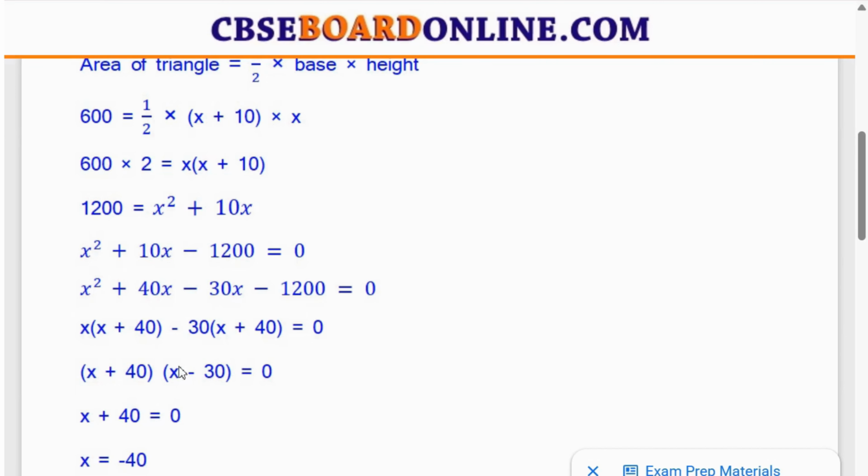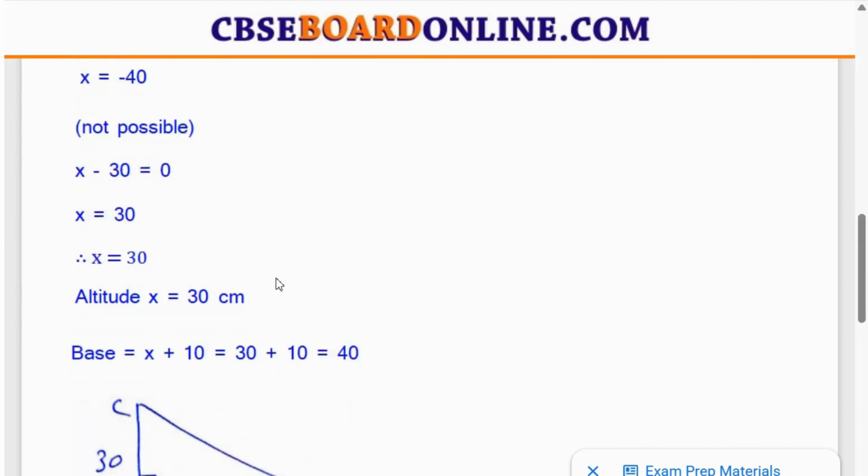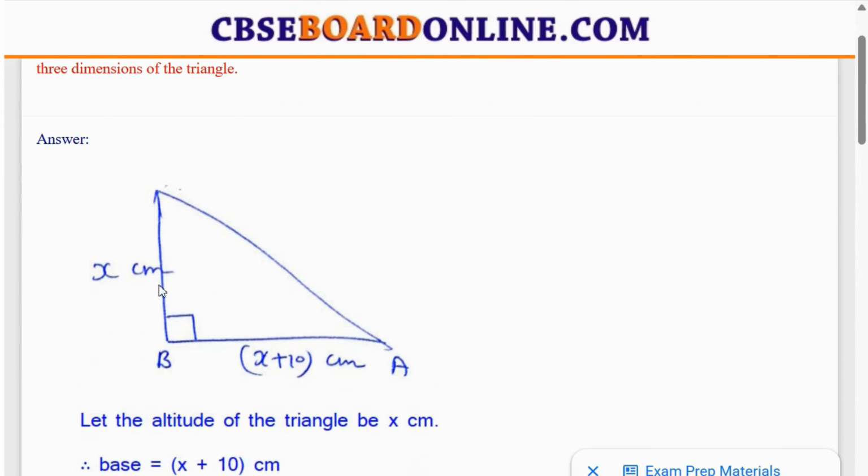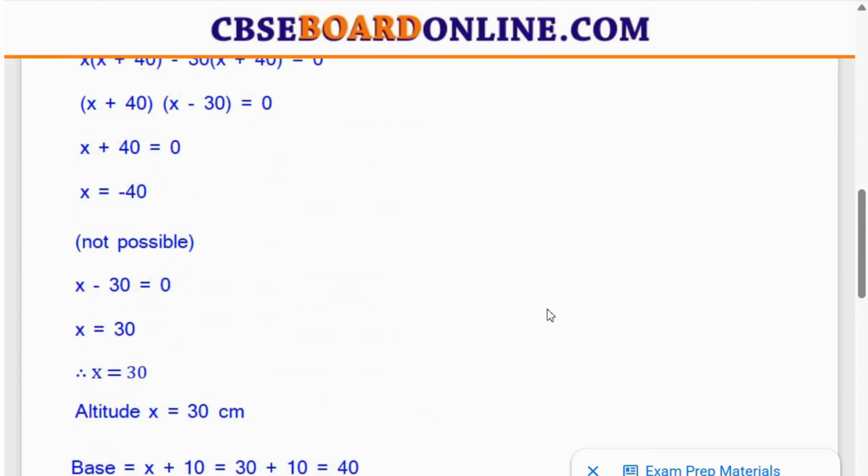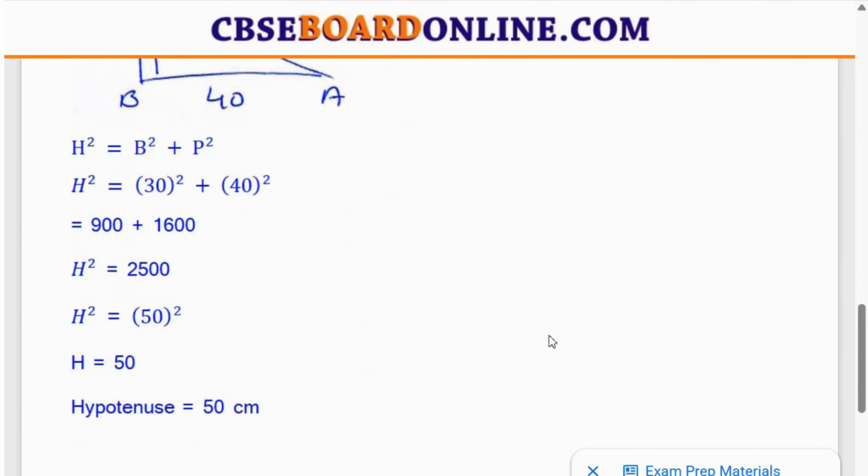So therefore moving forward to the other bracket, x minus 30 is equal to 0. Again, if you solve this, it would be x equal to 30, which is possible. This means our x is 30, so our altitude is 30, and our base is what? It is 30 plus 10, which is 40 centimeters. Now using the Pythagoras theorem, you can find the value of the hypotenuse. It is pretty simple, right?